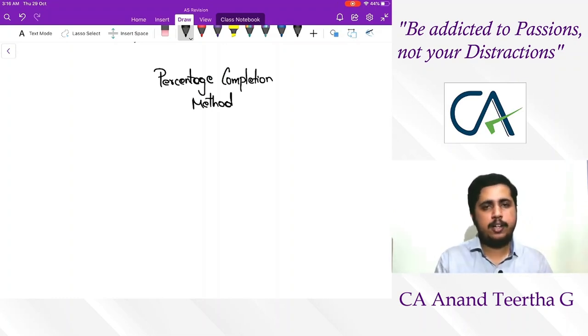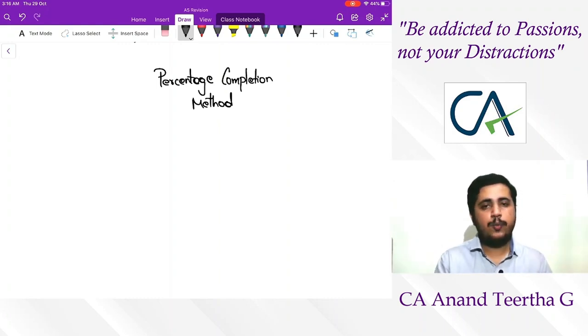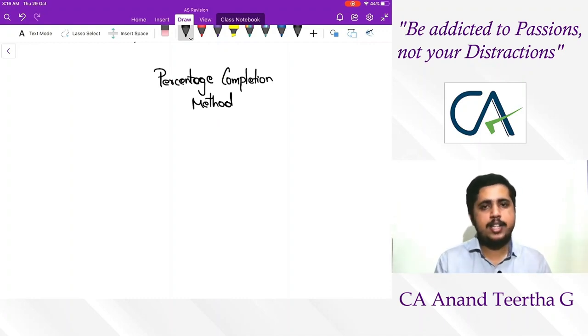Basically, progress work is done and revenue is recognized. So everything is done on an estimated basis. It's not actual, correct? Whenever it comes to the percentage completion method, everything is done on an estimation basis. And you're applying estimation for a revenue element.